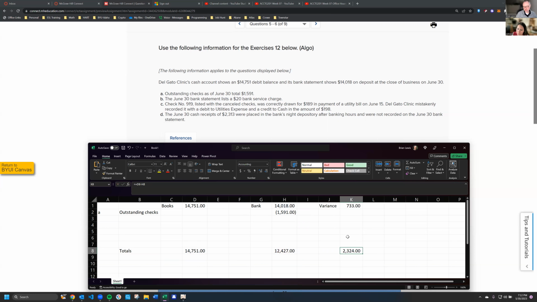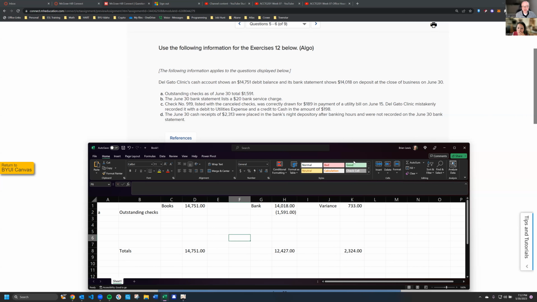We'll see we're still far off. We don't match. In fact, let's do this minus that. That gives us a number that we're off by, and by the way, it's gotten even worse by 1591. Eventually this should be a zero variance, so let's relieve that and put that there.